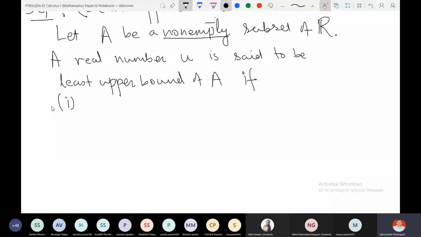What are the conditions? Some number is the least upper bound of set A, for example, in the previous one, 1 was the least upper bound of the interval (0, 1). So what are the conditions you should satisfy, when you believe that a real number is a least upper bound?